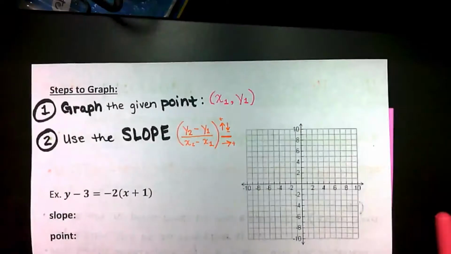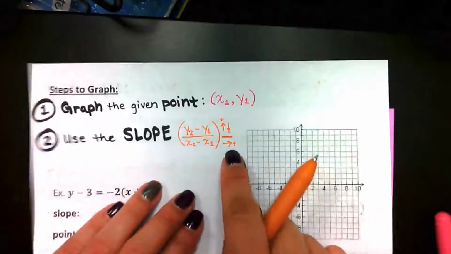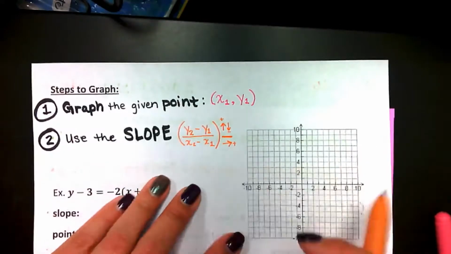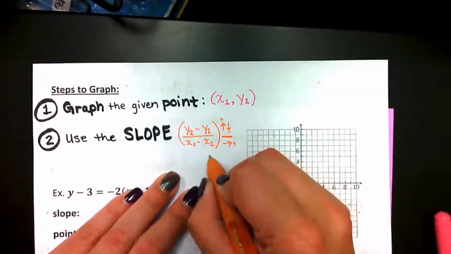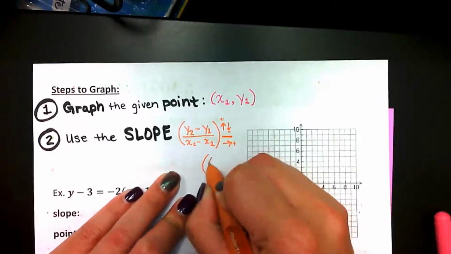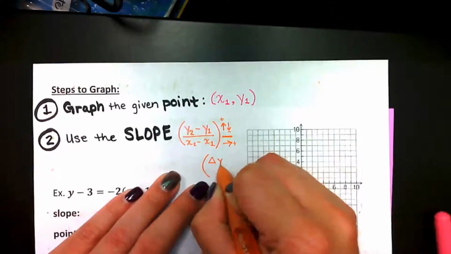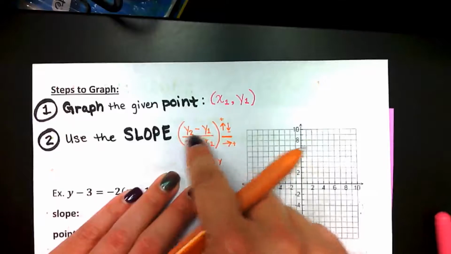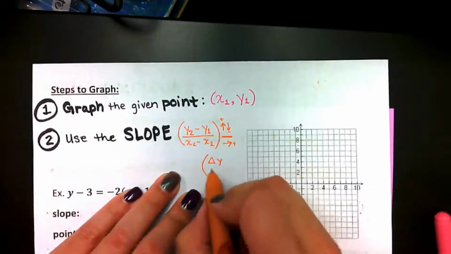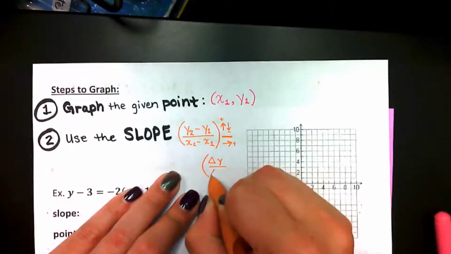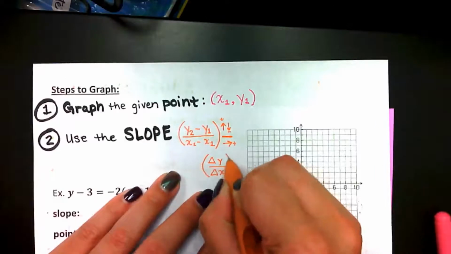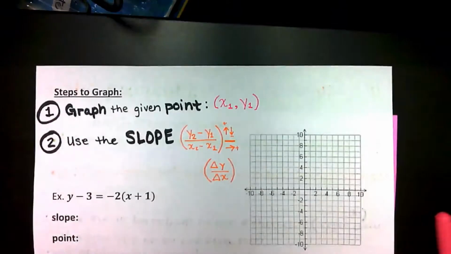It should be positive on your denominator. Another way you could think of this would also be the change in y. It's changing because we're finding the difference, or delta y over delta x.